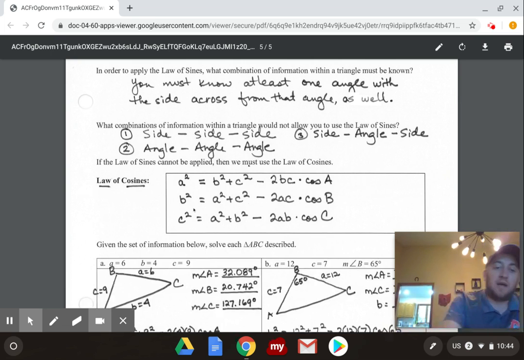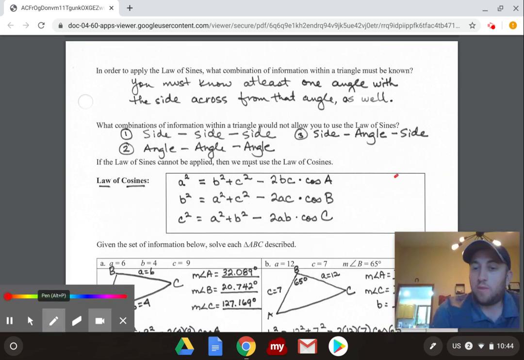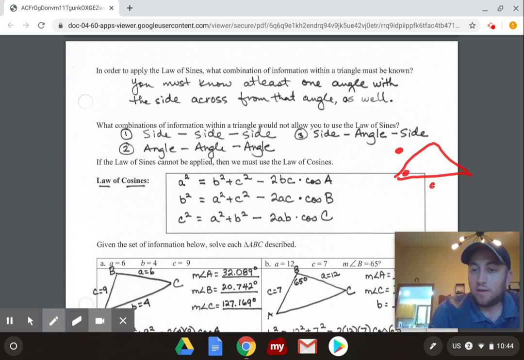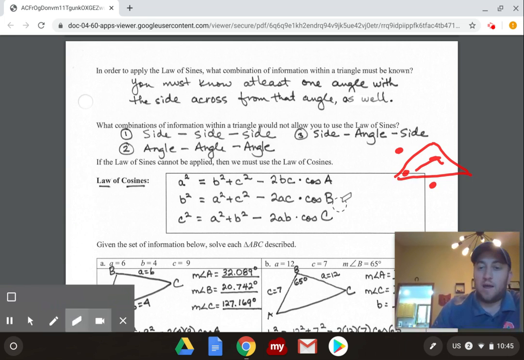Side, angle, side. Okay, what that would look like: I know a side, an angle, and a side. So do you know an angle and the side across from it? In this case, I do not know that side. So I would not be able to use law of sines if that was presented to us, side, angle, side.